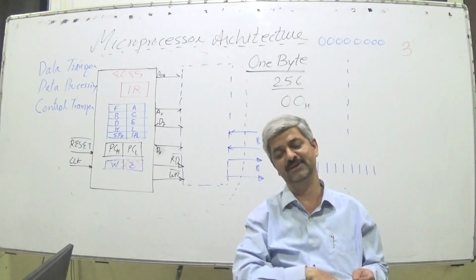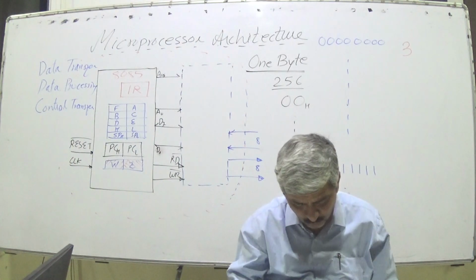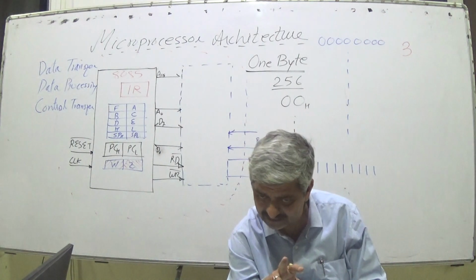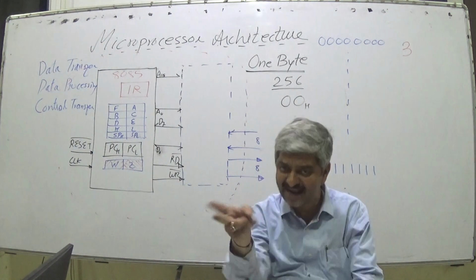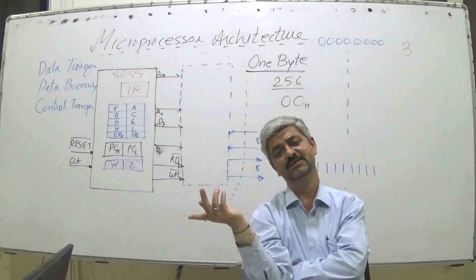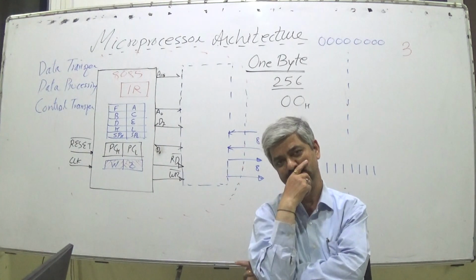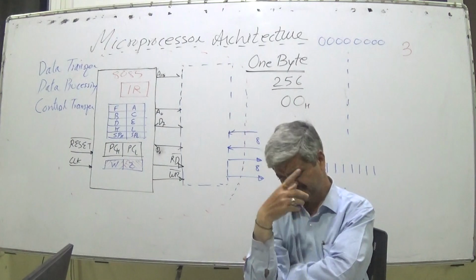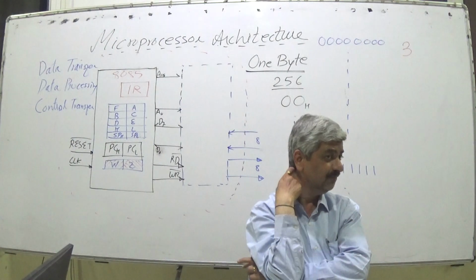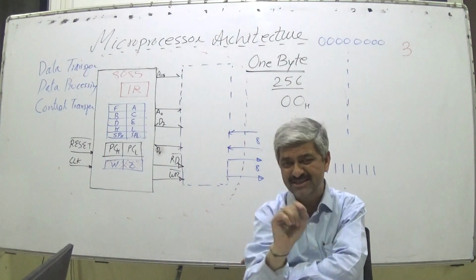So in data transfer instructions, when source and destination are there, both can be inside the microprocessor. Why? Because for some kind of further processing you need to store something, just like a scratch pad.